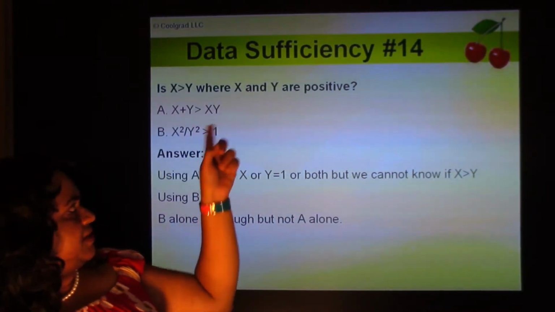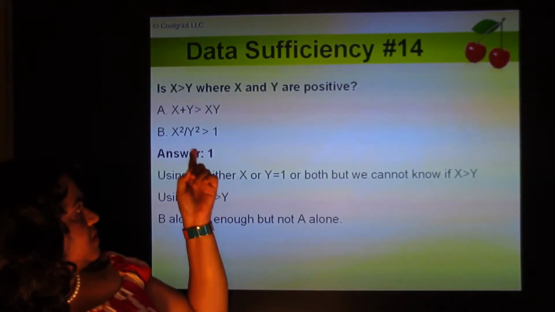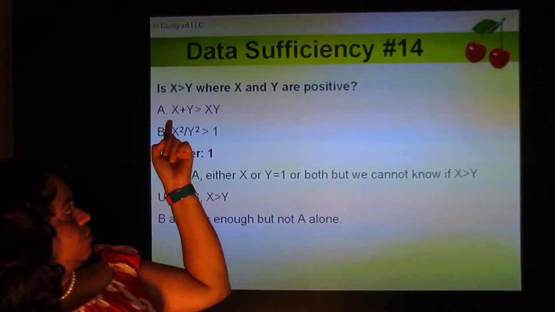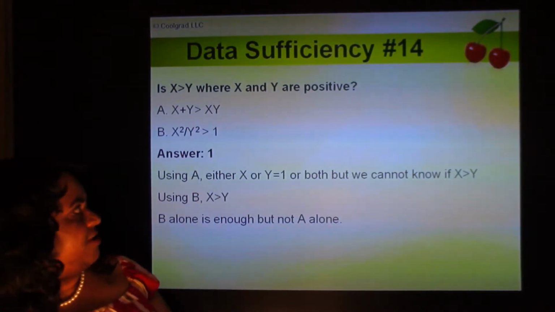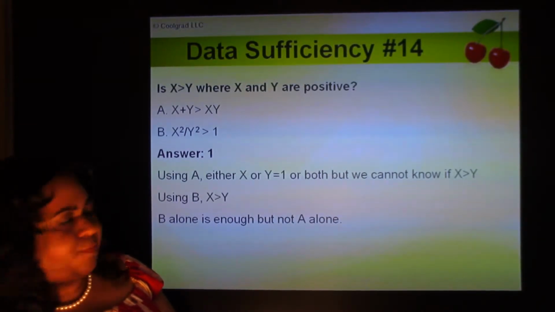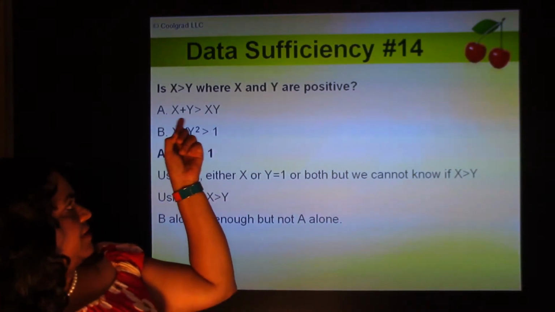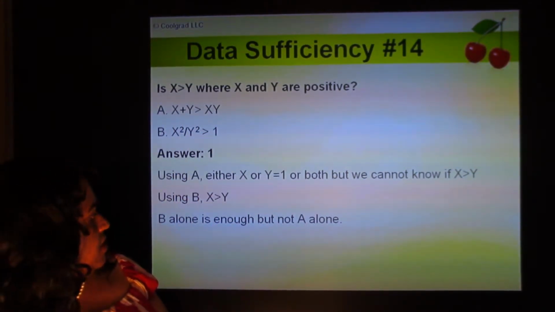So either of these numbers has to be 1. And you can't have 0, right? So that's ruled out. And what about fractions? Suppose you have 0.5. So x plus 0.5 will be greater than x times 0.5. That still holds.